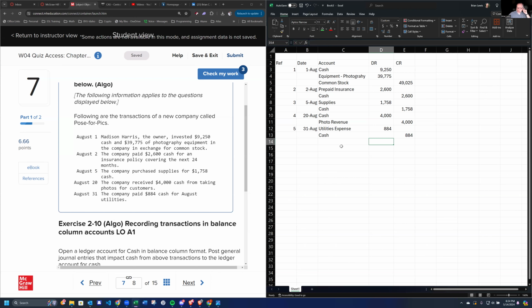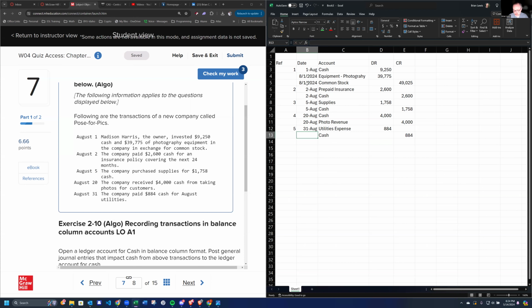Now we've got all these transactions, nice and neat right here. The cool thing we can do, let's just go ahead and make these all dates the same. 828, and this isn't normal. I'm just doing this for purposes of, I'm going to sort all these accounts and their debit and credit balances.